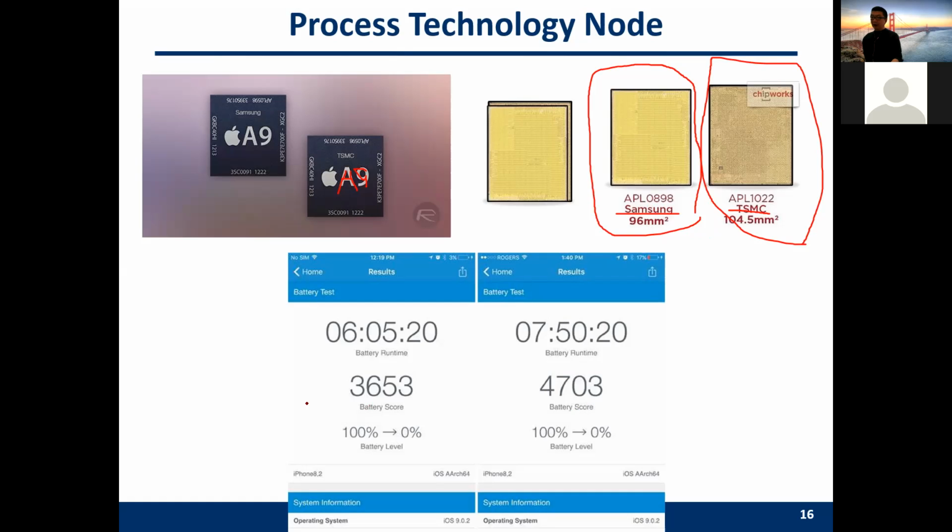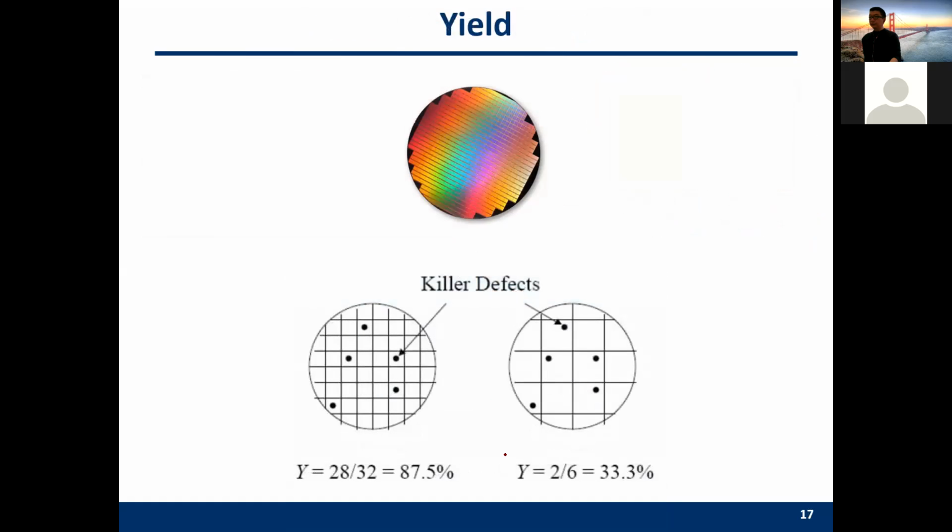And of course, the power consumption is totally different, which means that some of the A9 chips can last a longer time, but the other chips may only stand for a shorter period. So we can see the real physical gate matters a lot.